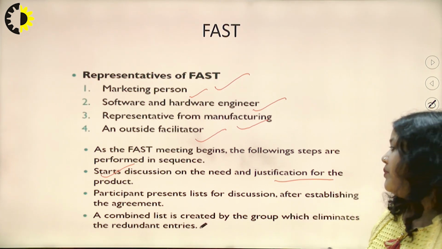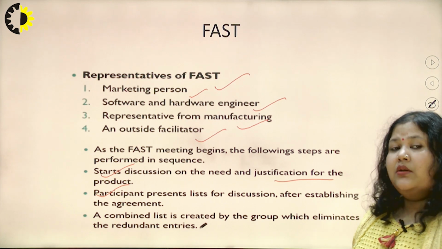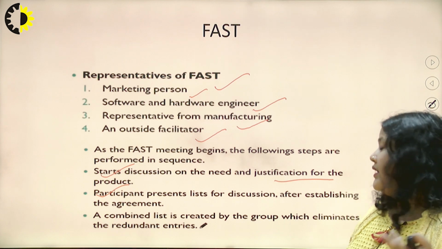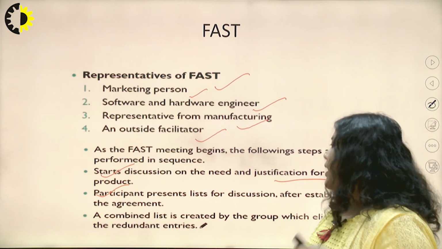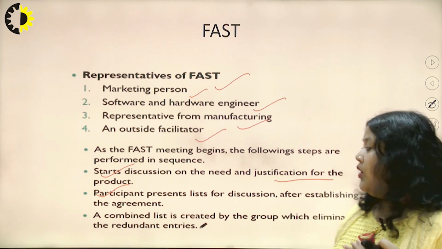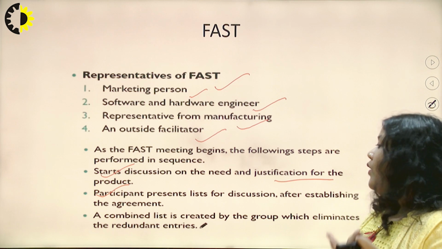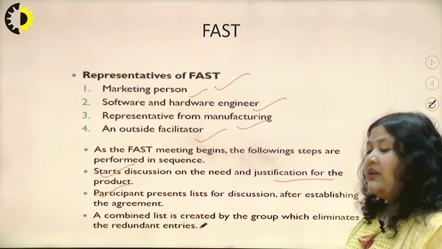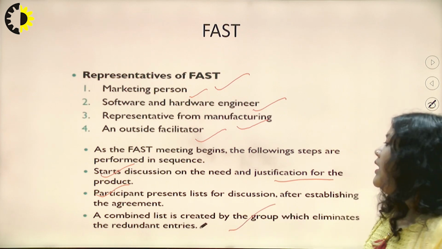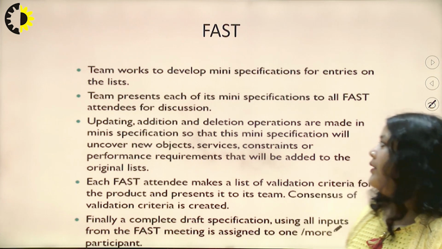And the participant list: how many participants are present for discussion about these problems, whether the agreement between the user and the customer is prepared or not, and the combination list, discussed with the fundamental steps, the need, and the performance criteria of the solution. So these are the basic fundamentals used in the FAST technique.